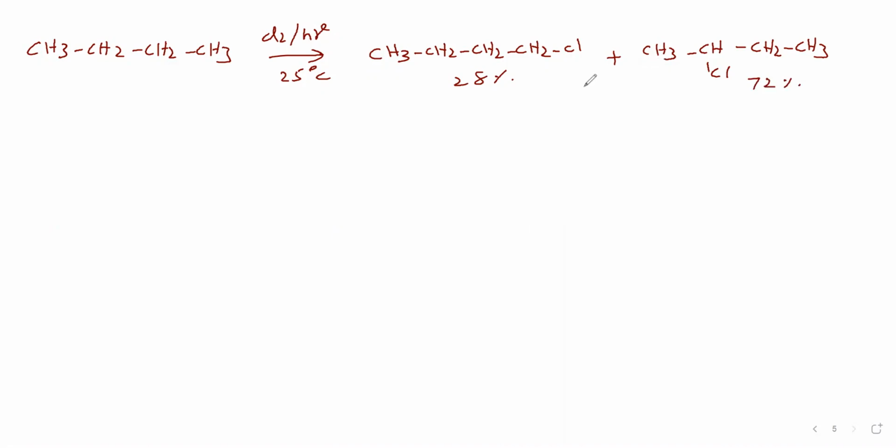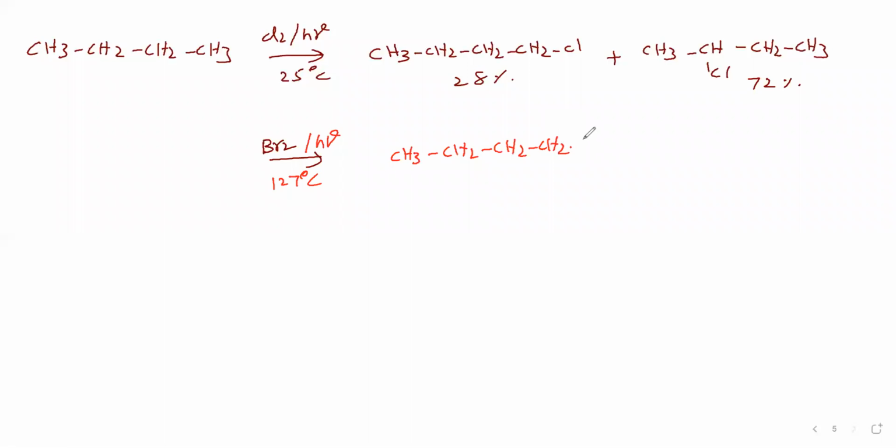Then we will go for bromination now. So bromination we are taking. Bromine, then sunlight, then temperature we are giving 127 degrees Celsius. Here monobromination. The first one is primary.